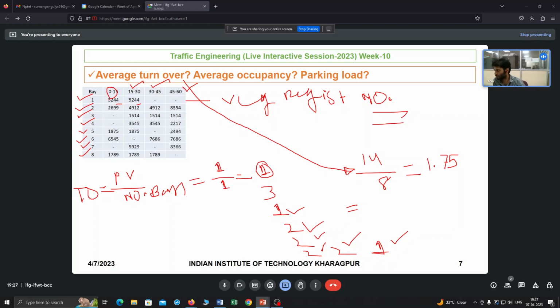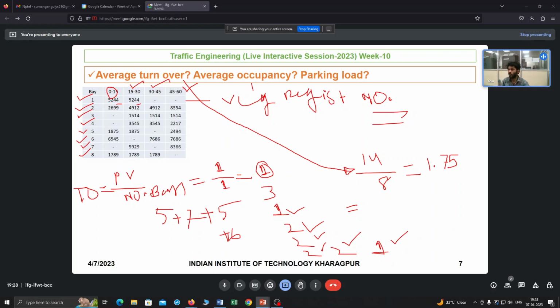So if it is to be done for each 15 minutes interval, 1, 2, 3, 4, 5 vehicles, plus 1, 2, 3, 4, 5, 6, 7 vehicles, plus 1, 2, 3, 4, 5 vehicles, plus 1, 2, 3, 4, 5, 6 vehicles.